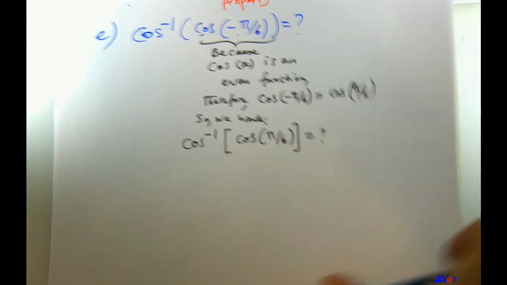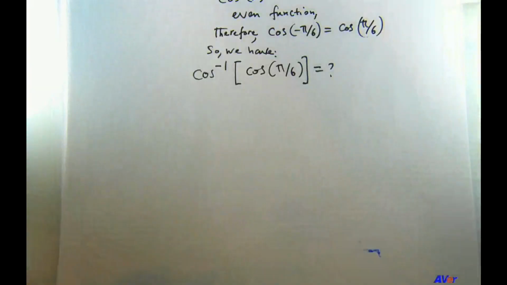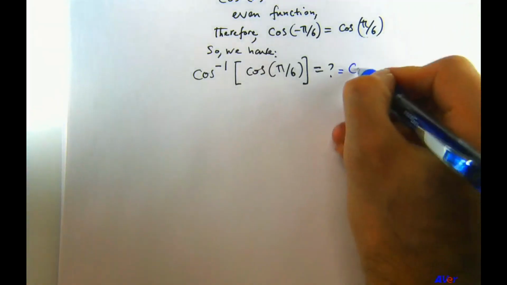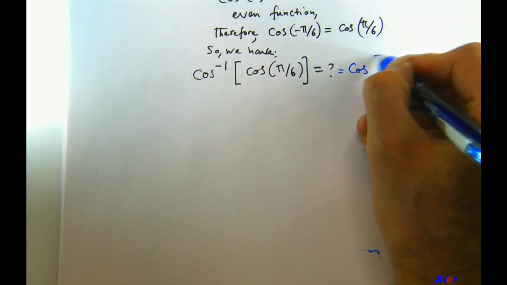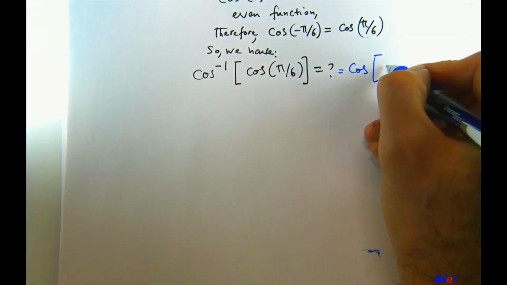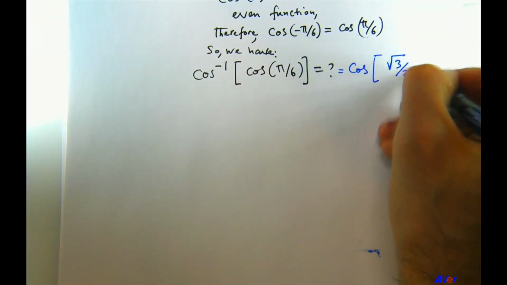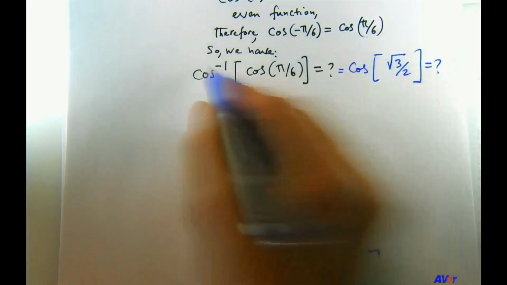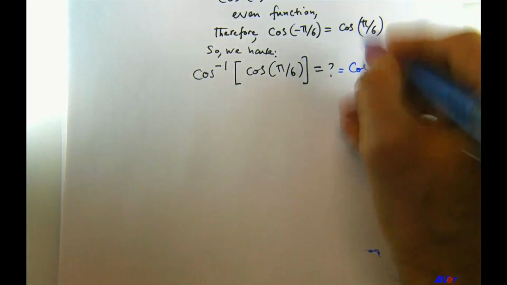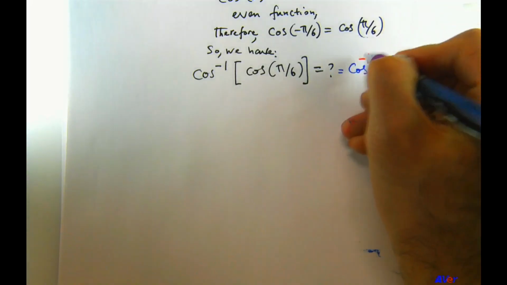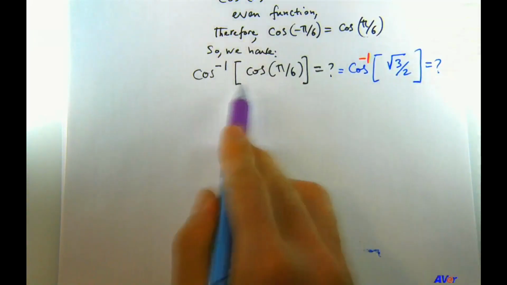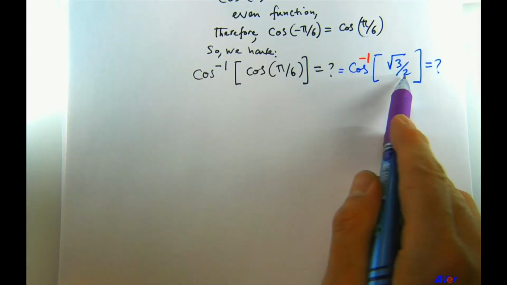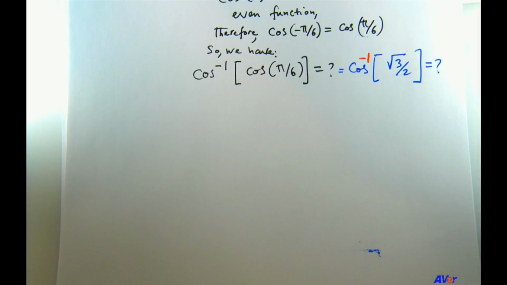So I'm just going to plug in here. Oh, sorry, I should remember to put the inverse there. So inverse cosine of cosine pi over 6 is equal to inverse cosine of square root of 3 over 2.